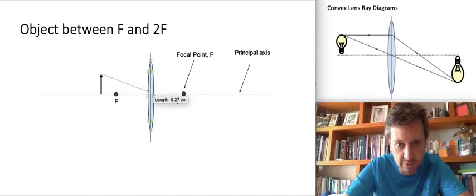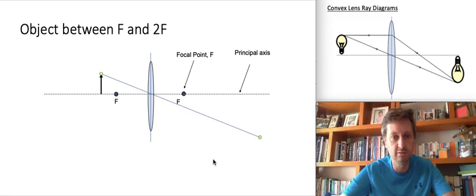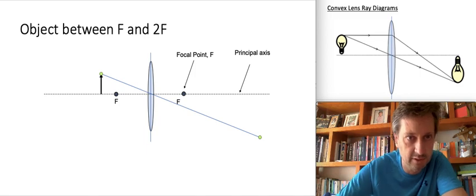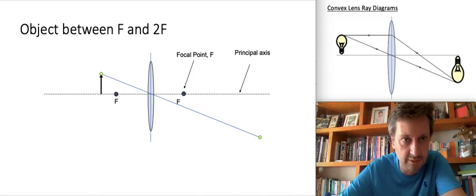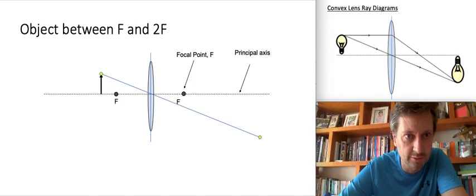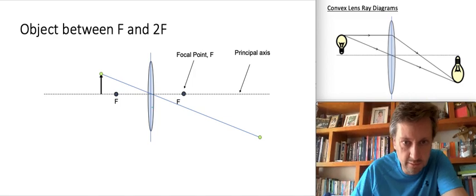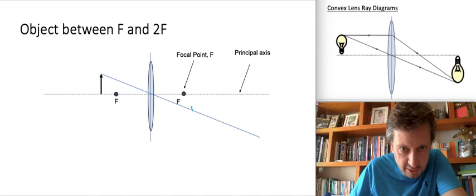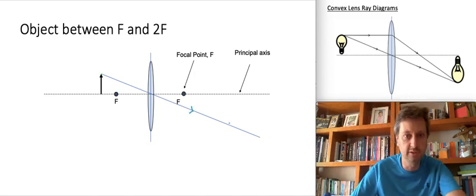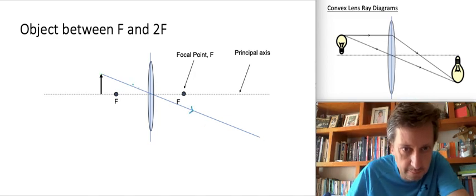So I'm going to attempt to draw a ray of light, you can see that, it goes in a straight line through the center of the lens. And I will put a little arrowhead on that line to show the direction of the ray of light.